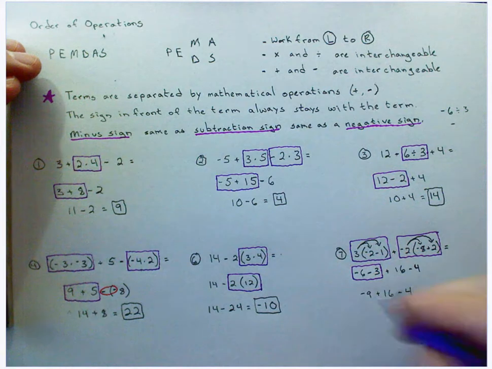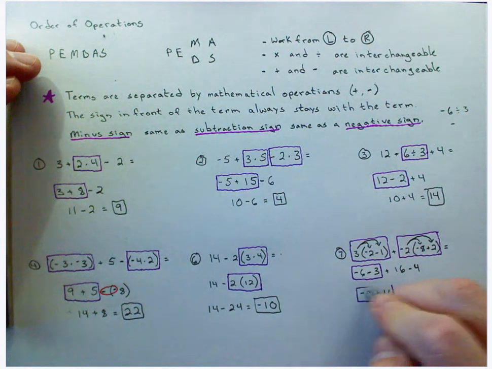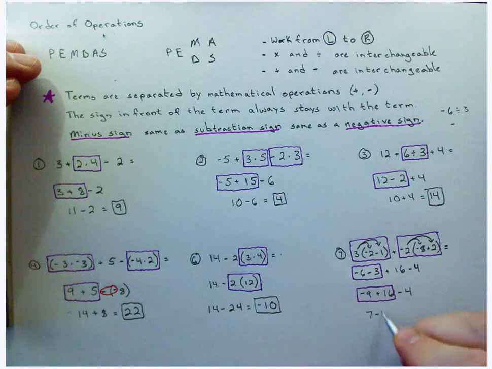And then I look at a -9 plus 16. -9 plus 16 is 7. And I have 7 minus 4, which equals 3.